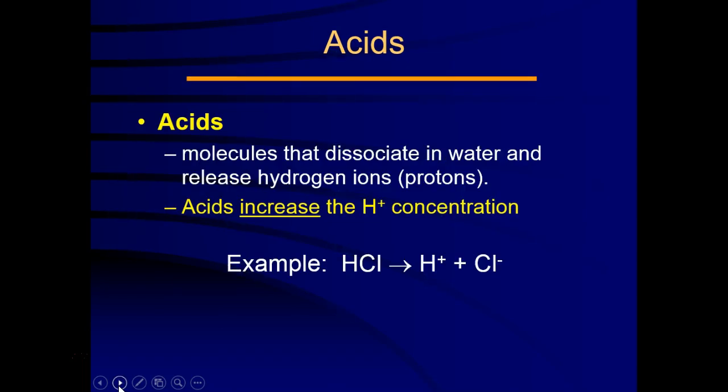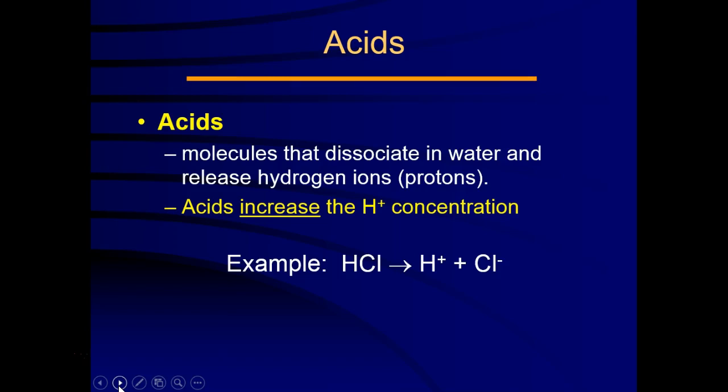Now, water isn't the only thing that will dissociate. There are plenty of other compounds and molecules that will do this. So a special group of compounds that will do this are what are called acids. Acids are substances that will dissociate, they'll break apart, and one of the products of that will be a hydrogen ion.